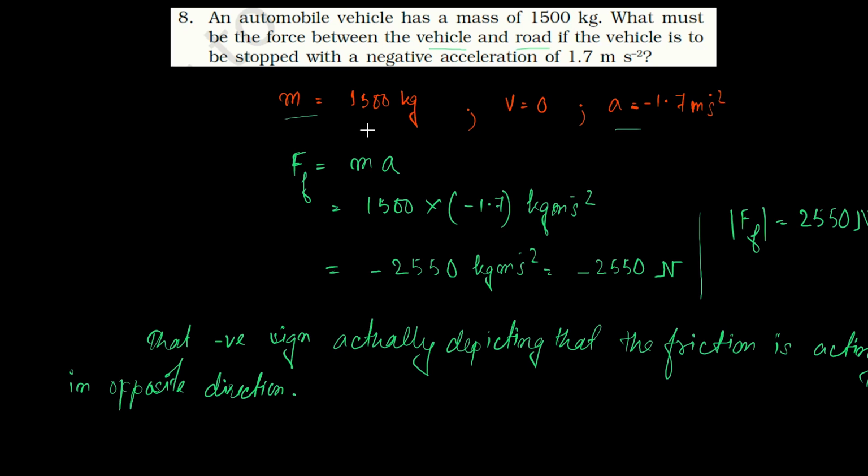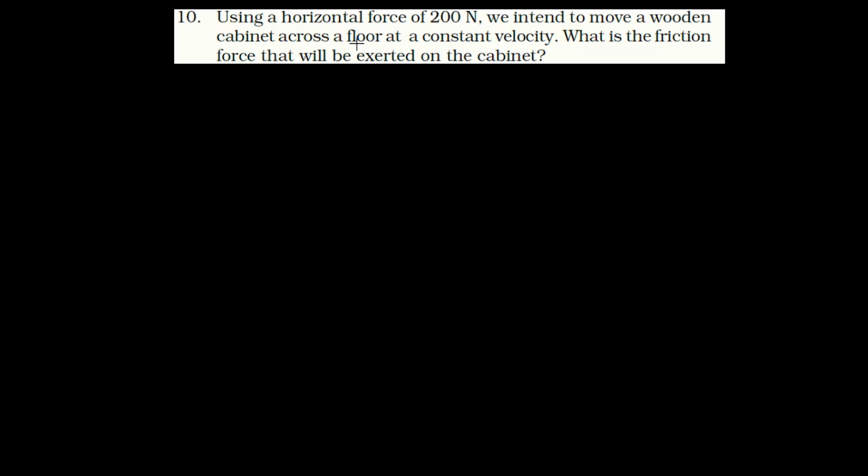Now we will move towards our next question. What this question is saying is that using a horizontal force of 200 Newton, that means we will represent it by F_h, the horizontal force is given as 200 Newton, we intend to move a wooden cabinet.